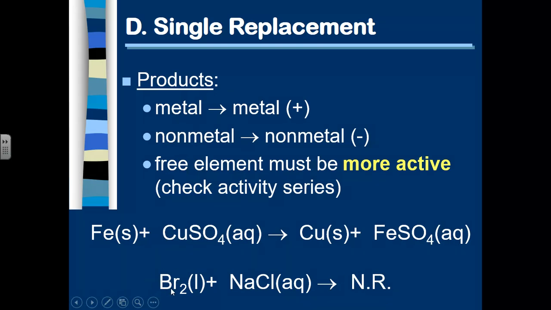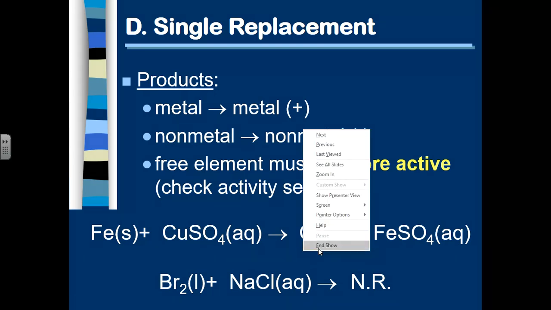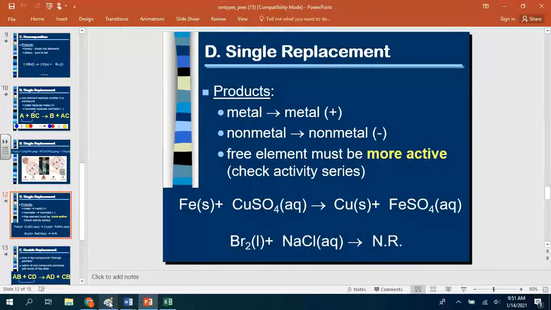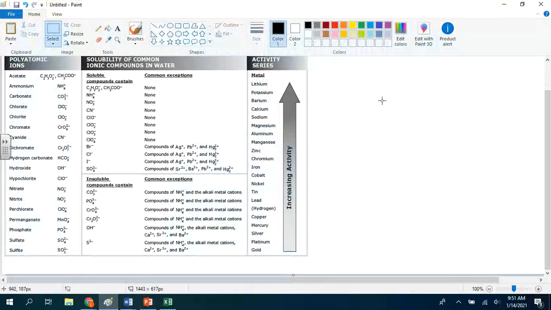Okay, if bromine was higher than chlorine, it would go in there, kick out chlorine, and over here you would have NaBr plus Cl2 if it was higher, okay? And so this is the best way to show you that, because I know some of you may still have a little hard time understanding that. Let's go ahead and list them right beside the activity series, because this is how they increase with that arrow.